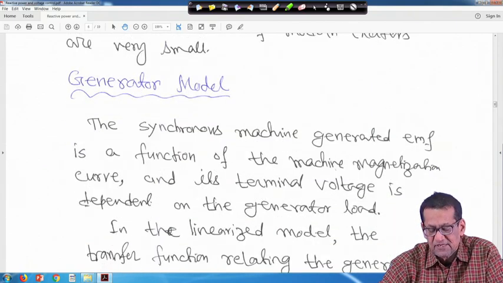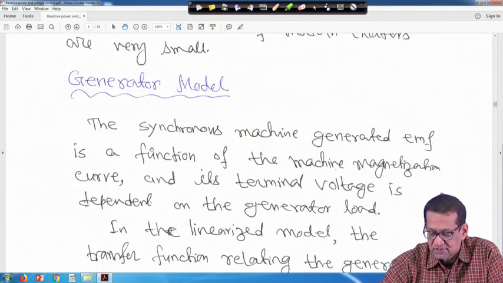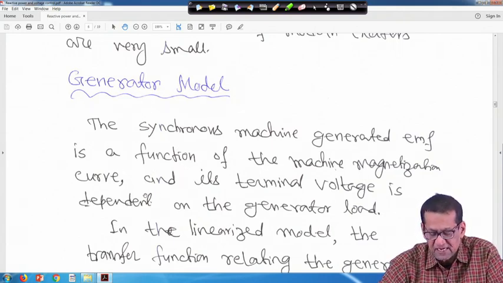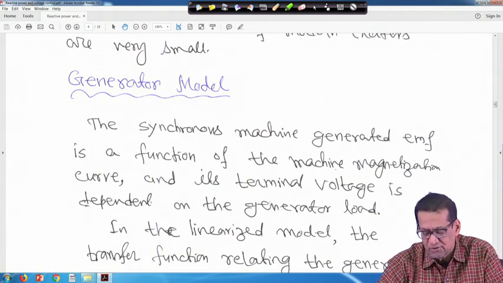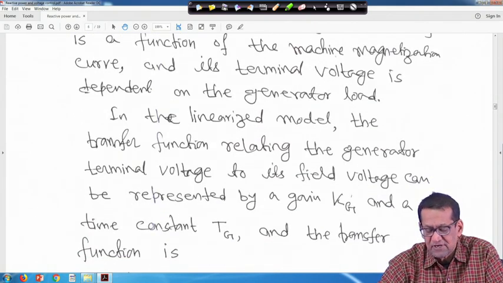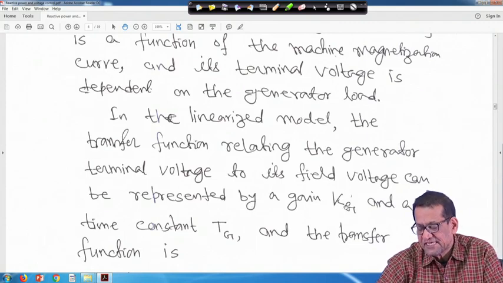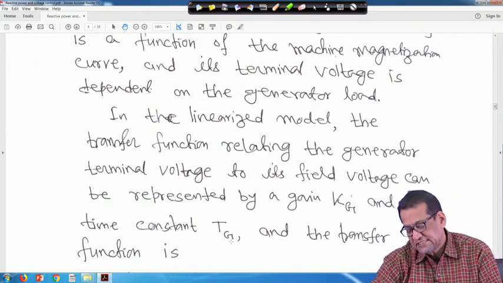Now, the generator model for this case. The synchronous machine generator EMF is a function of the machine magnetization curve, and its terminal voltage is dependent on the generator load, right. In the linearized model, the transfer function relating the generator terminal voltage to its field voltage can be represented by a gain Kg and a time constant Tg.